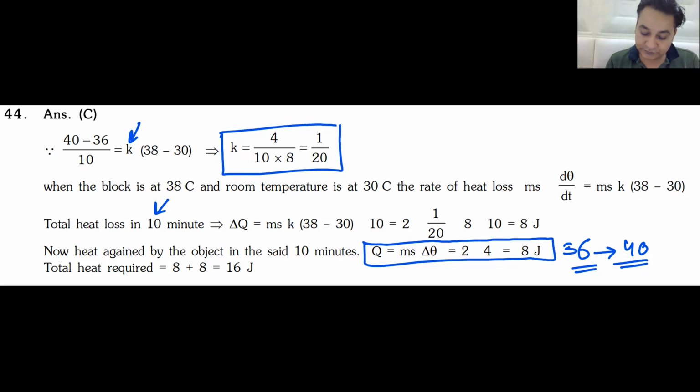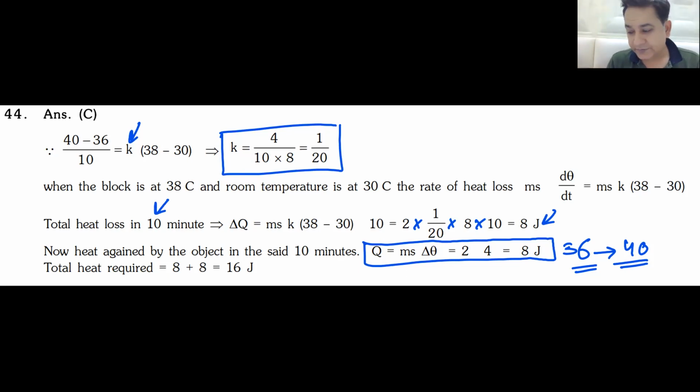So 2 multiplied by half, multiplied by 8, multiplied by 10. The answer that you get is 8 joules. It will lose 8 joules more. So the total amount of heat that the heater has to give is 8 plus 8, 16 joules. Do we understand this? Yes, sir.